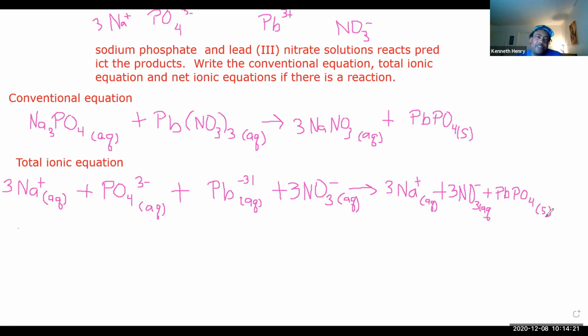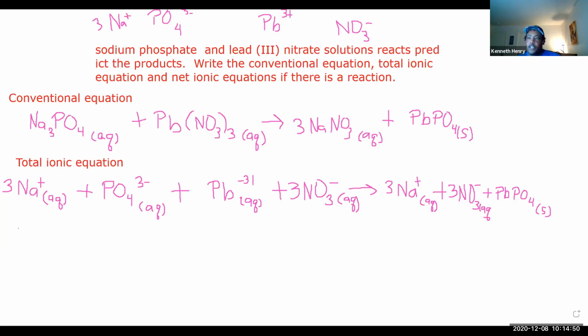So they're like deadbeats in a sense, right? They're not doing anything. They're not interacting with anybody. They're not trying to hook up or get numbers or anything like that. They're just there, right? So there are chemicals that are going to be exactly the same way. Those are spectators. So we want to identify the spectators. The spectators are going to look exactly the same on both sides of the equation. Exactly. They have to have exactly the same charge.